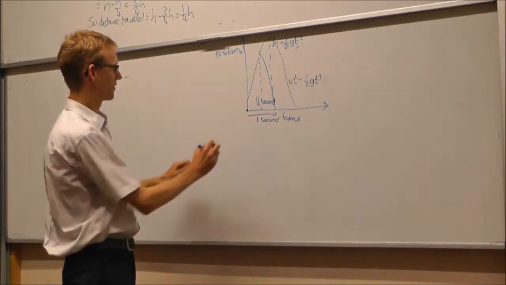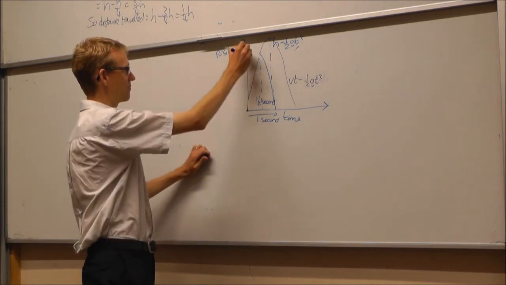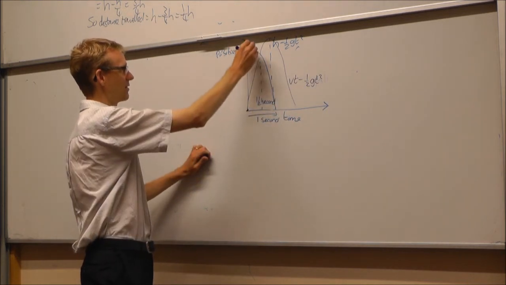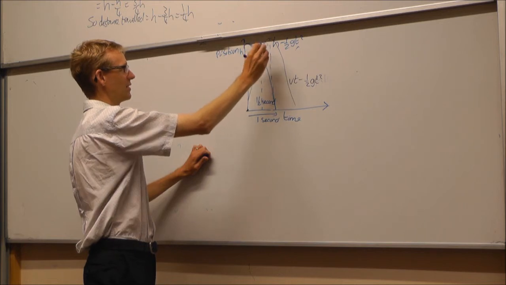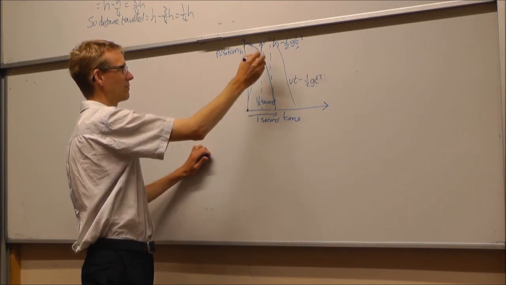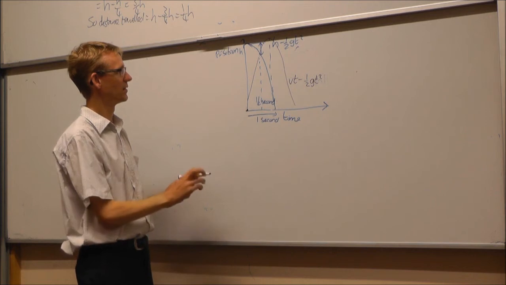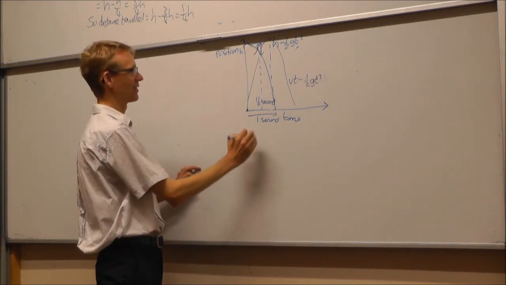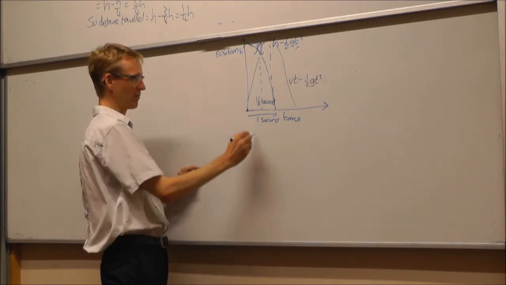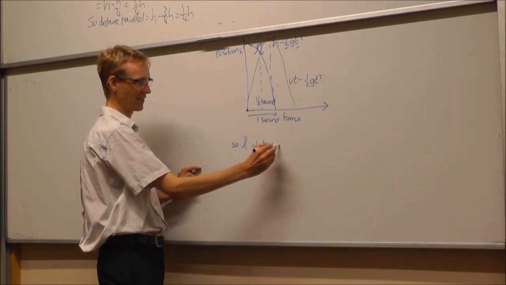So this is a parabola, so this distance here, what should we call it? Call it L. So L, that distance, is proportional to time squared.